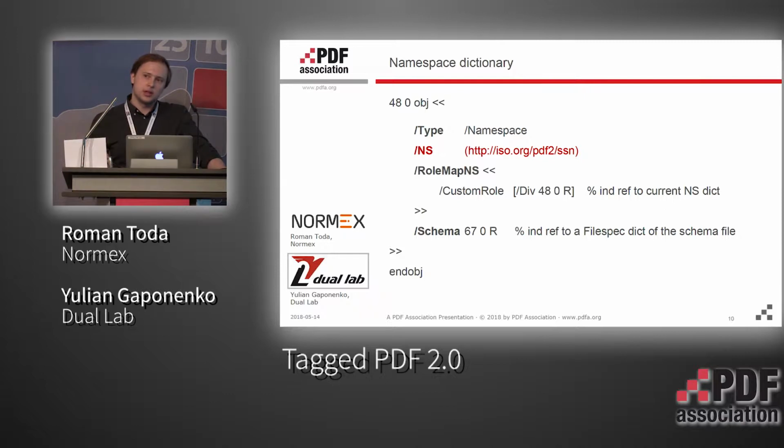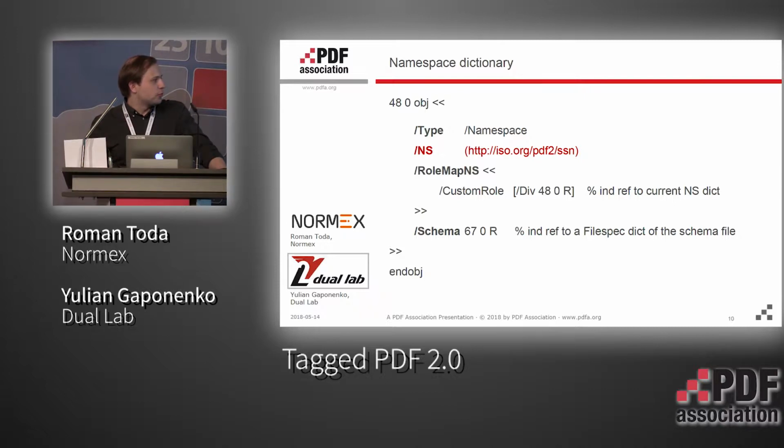However, just as in the XML world, it's not generally expected that it shall resolve. It's used for uniqueness. This particular namespace name refers to the standard structure namespace for PDF 2.0. I'll explain in a minute what this means.